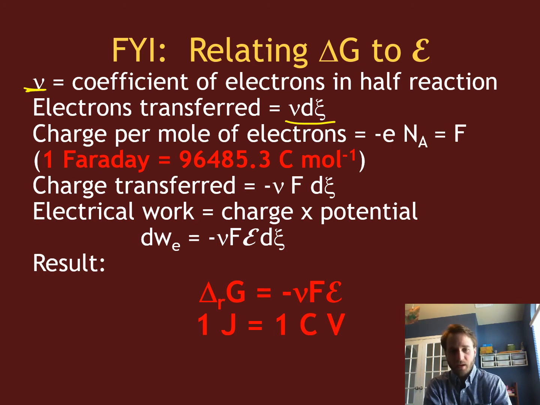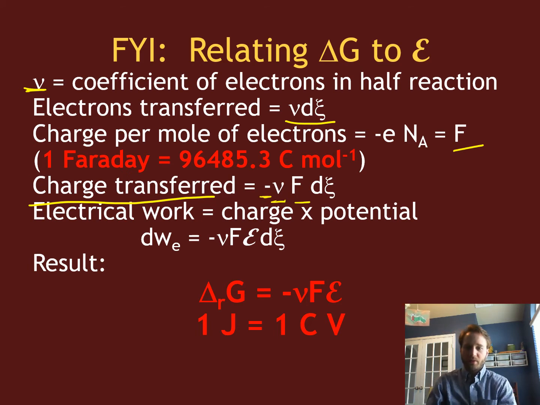And then the charge per mole of electrons, which is defined by Faraday's constant, I can use to get the total charge transferred. So the total charge transferred is just νF, and I multiply by a negative here because the charge of electrons is negative.